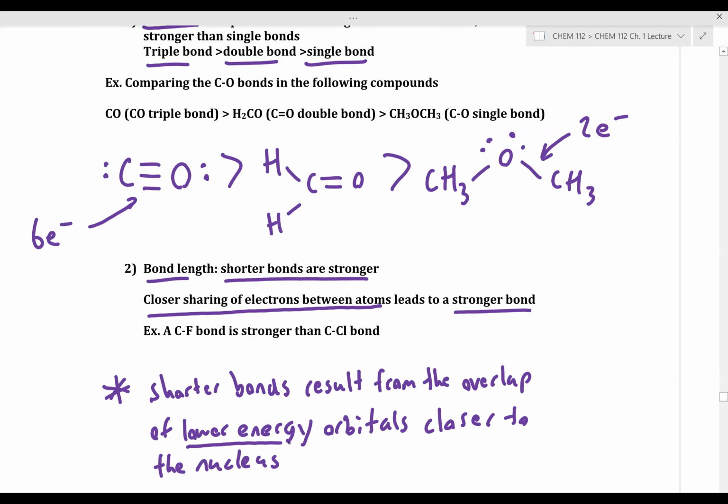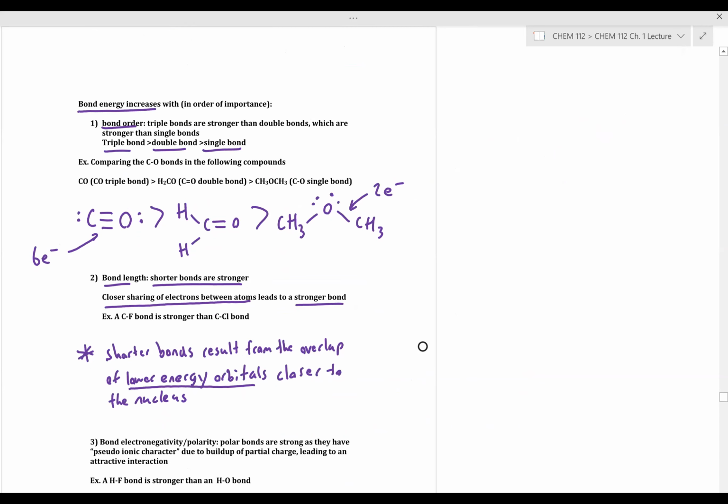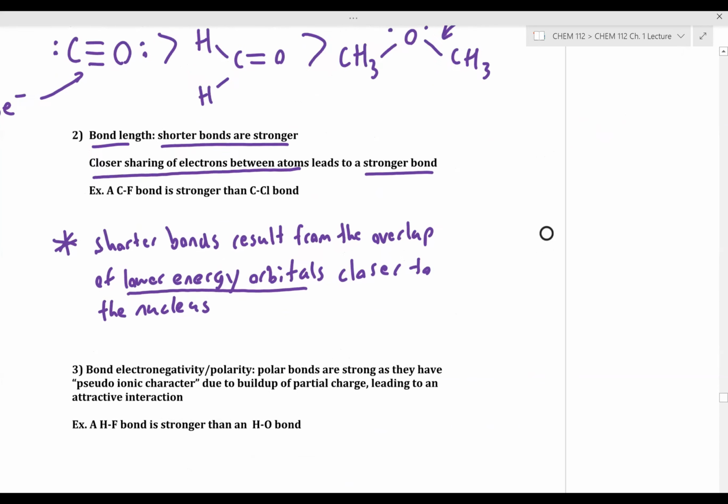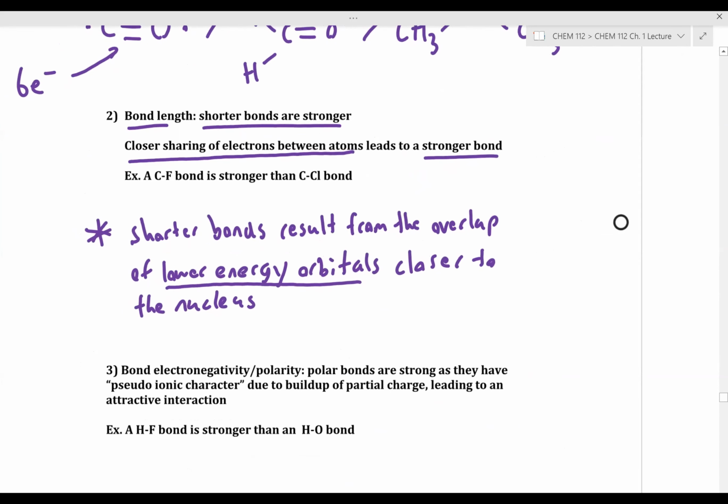And if we're using lower energy orbitals to form our bonds, if we're using low energy orbitals that are closer to the nucleus that result in a shorter bond, what's going to happen to our bond energy? Is our bond energy also going to be lower in energy? Yes. So this in turn leads to a lower energy bond.